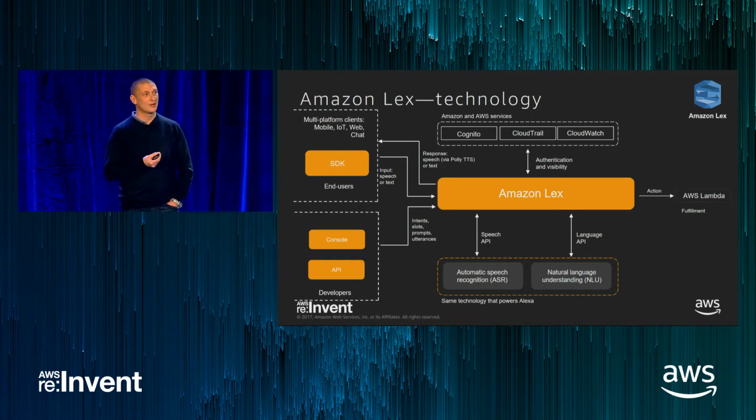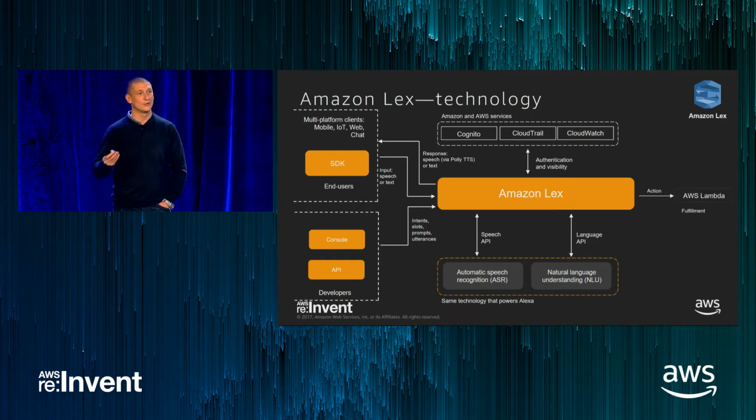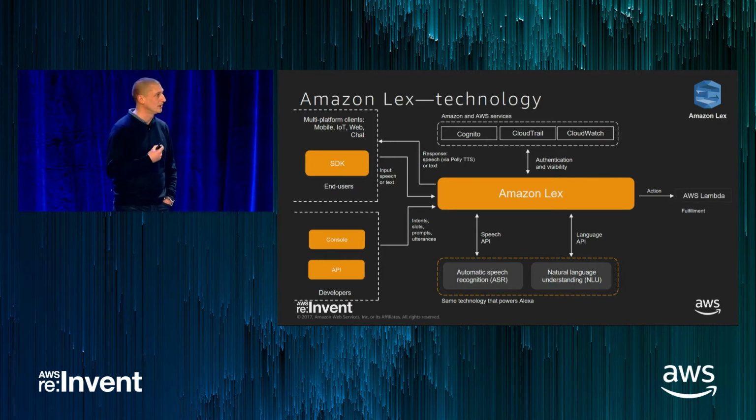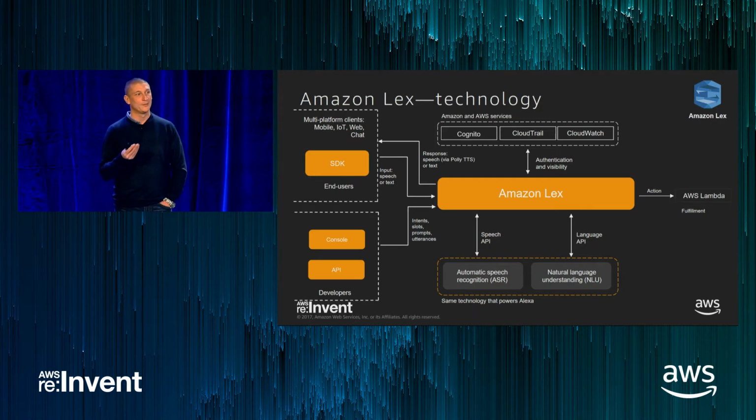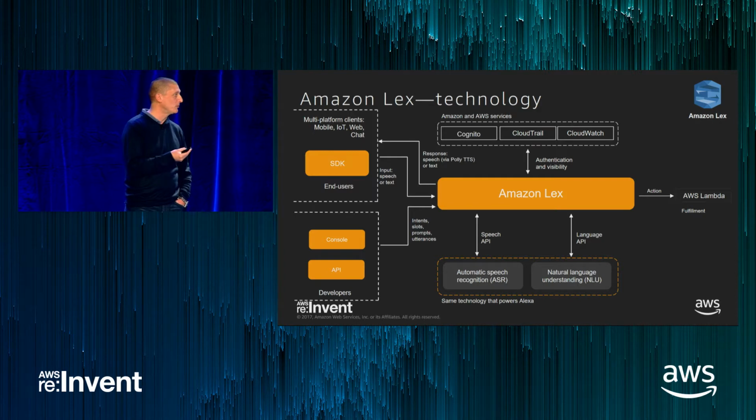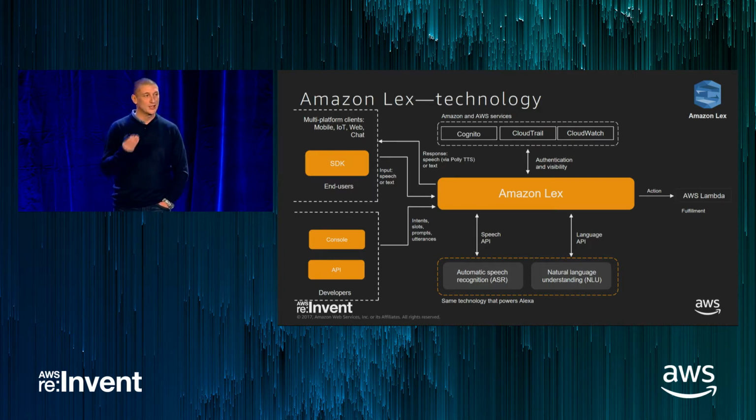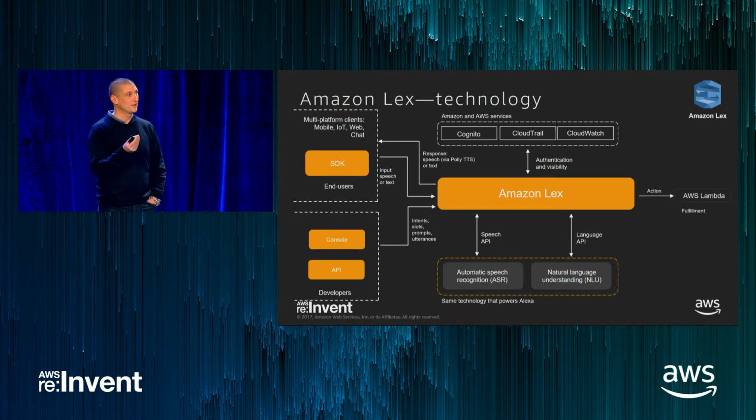All of this is integrated so you can make secure calls to Lambda, and is integrated with Cognito, CloudTrail, and CloudWatch. Then you have the actual interactive side of the API. When you publish your chatbot, you then have the ability to call that endpoint. That can be from multiple clients, from mobile devices, from web devices, or via chat. And this enables you to have those rich interfaces and do text-to-speech using services such as Polly.